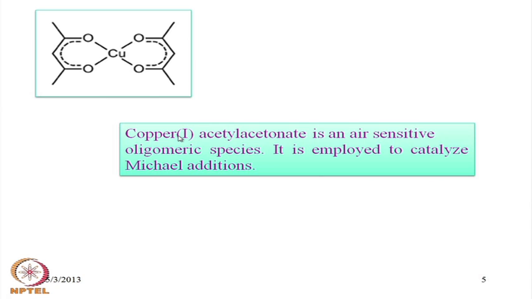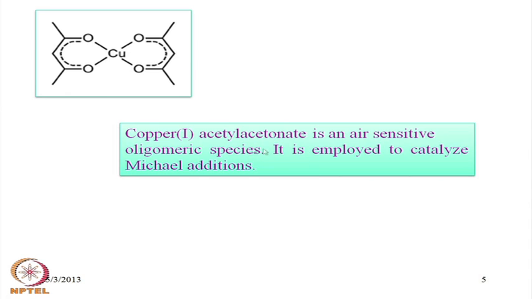But there are also compounds of the reduced form of copper, which can be stabilized in the cuprous state. Copper acetylacetonate is not easy to make, because it is air sensitive and oligomeric, as it can have more species within the same molecular fragment.